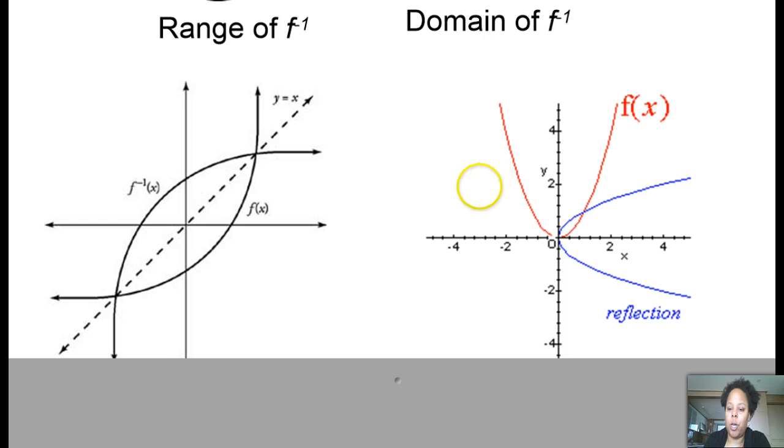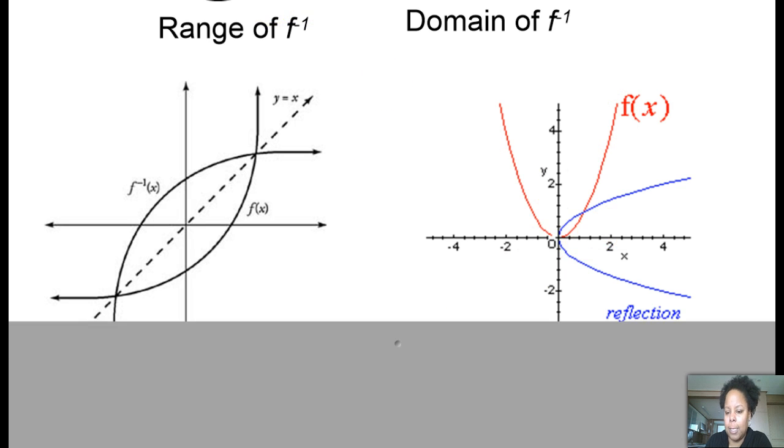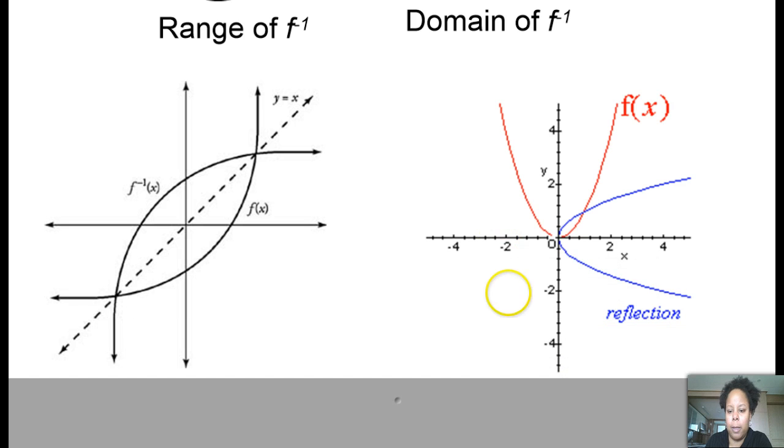Now, it's important to note that a function can have an inverse, but the inverse is not necessarily a function. Let's look at this example. We have the function f of x, and when we reflect it over the line y equals x, we end up with the blue graph.